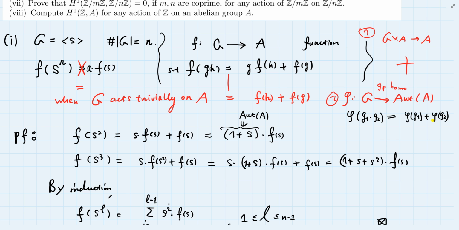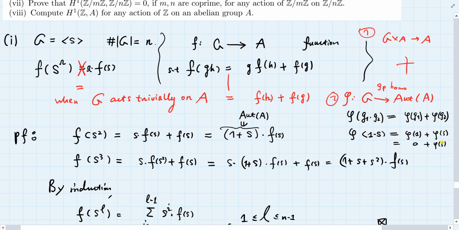But what is funny is, so actually you're sending phi 1 to the identity morphism action.